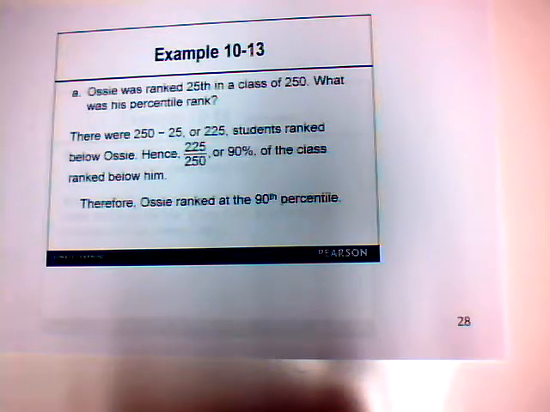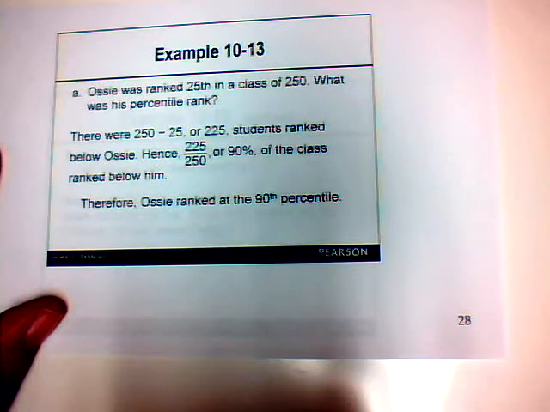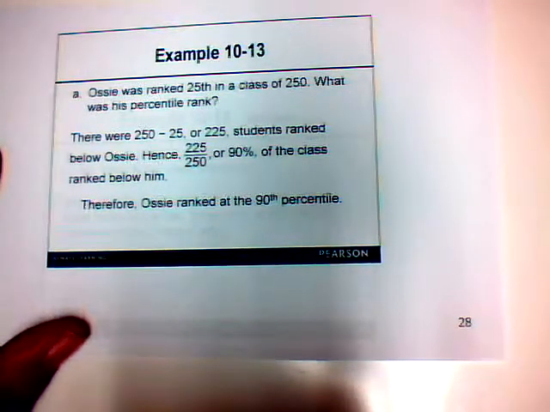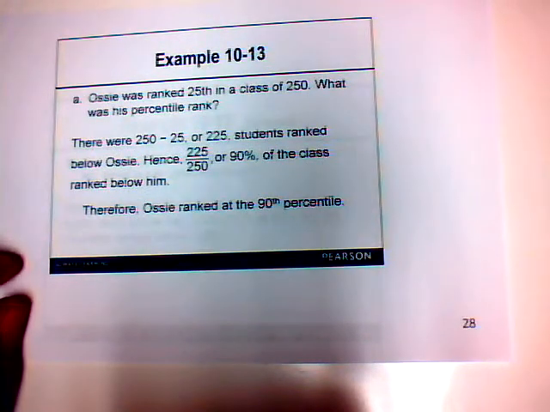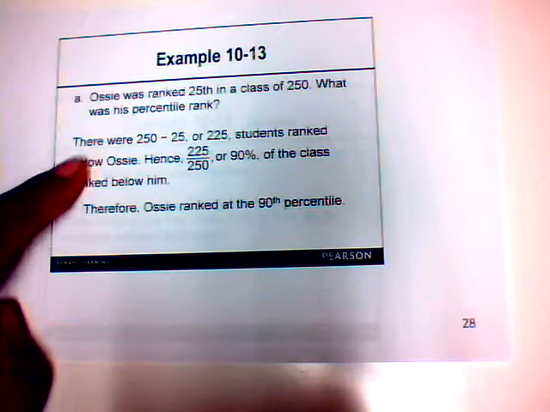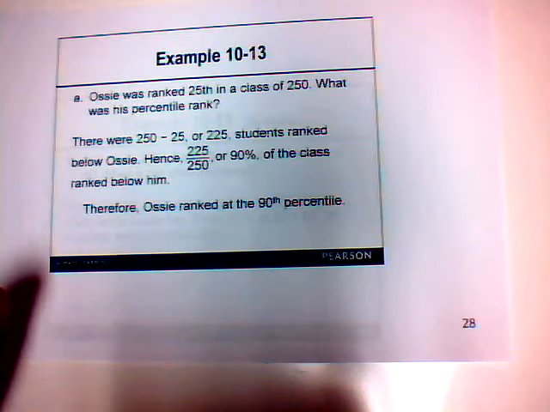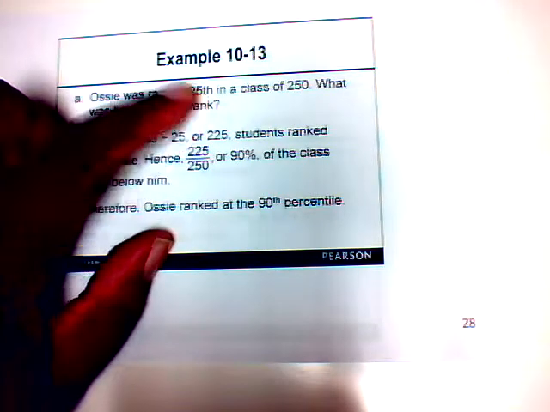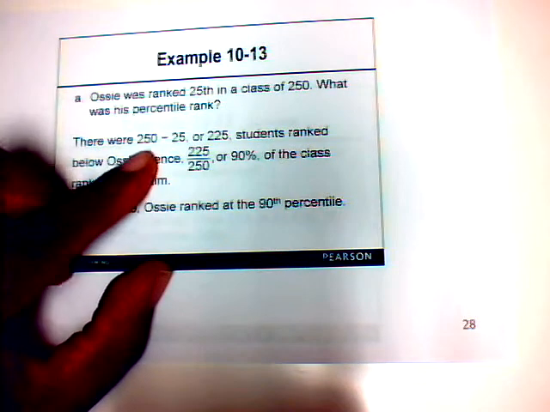Here's another example. Aussie was ranked 25th in a class of 250. What was his percentile rank? Because he was ranked 25th, you subtract 25 from 250.